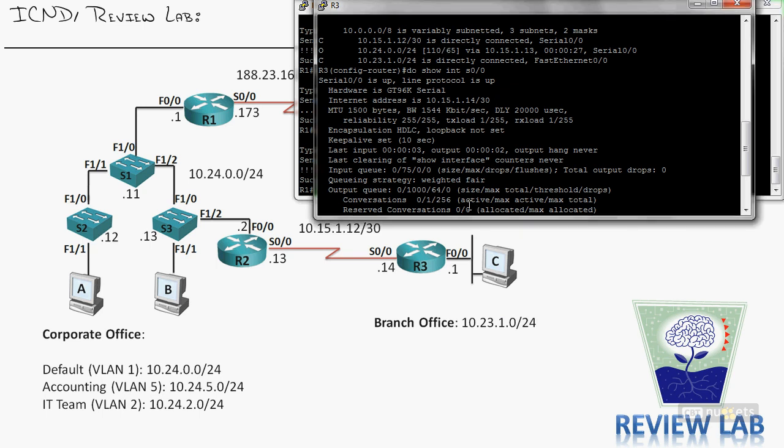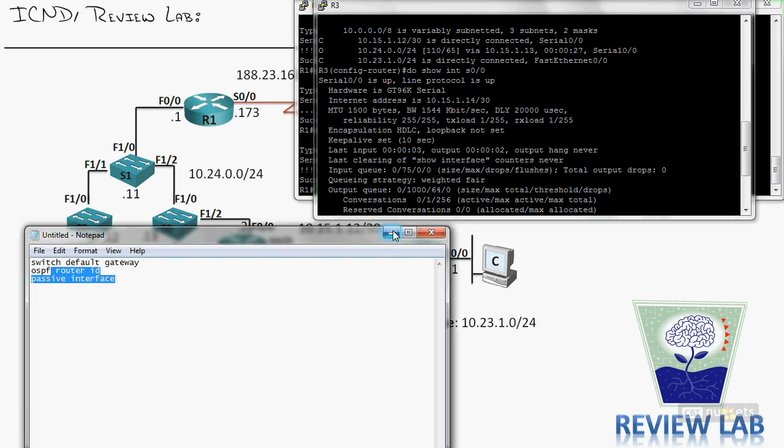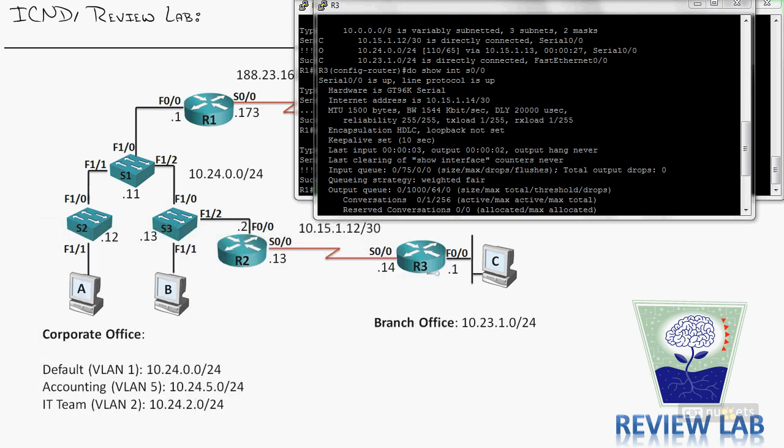Now, I added to my little notepad file here passive interface. It's not a good practice to have router 3 trying to form a neighbor relationship over here. Why? Because who's sitting at that computer? Evil person X right here, trying to destroy your network. And if he sees OSPF hello messages, which are multicast, he can open some simple tools.